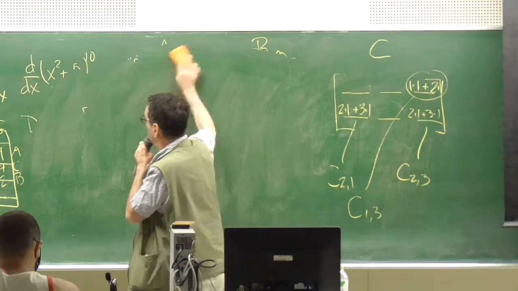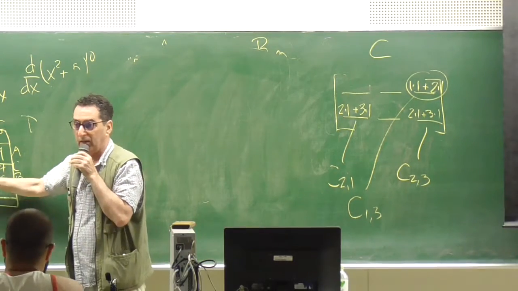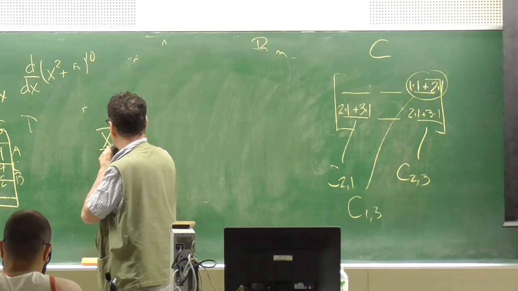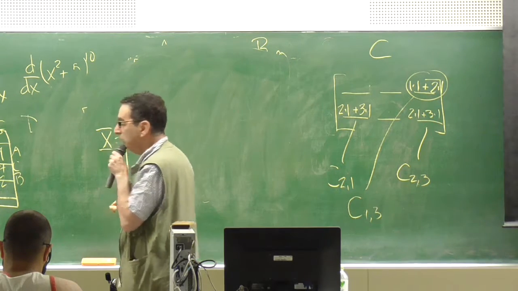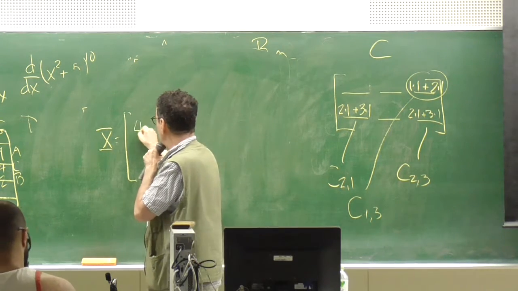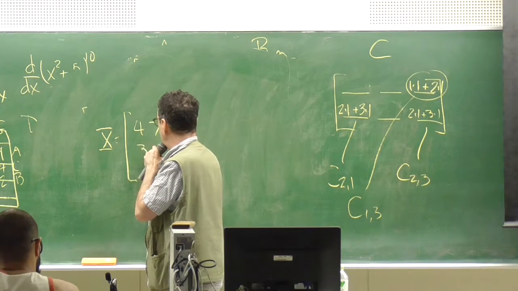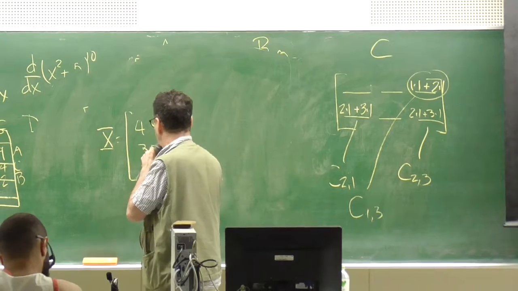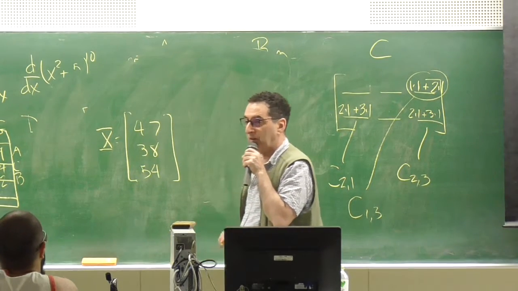Let's define the first matrix here. What do we call that? X. So X is equal to 4, 7, 3, 8, 5, 4. And what's the dimension of X?